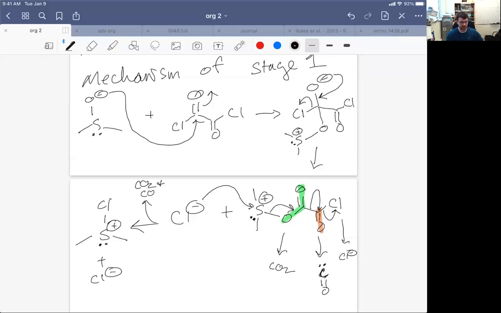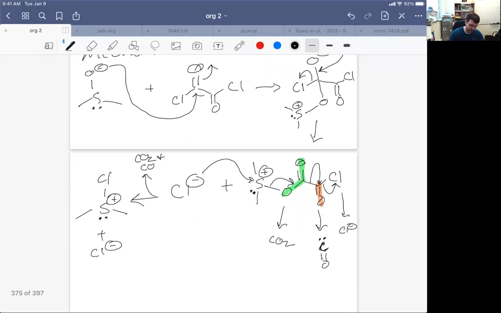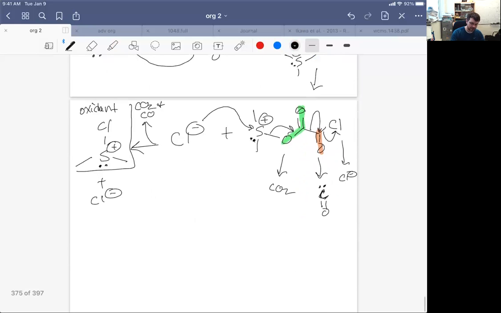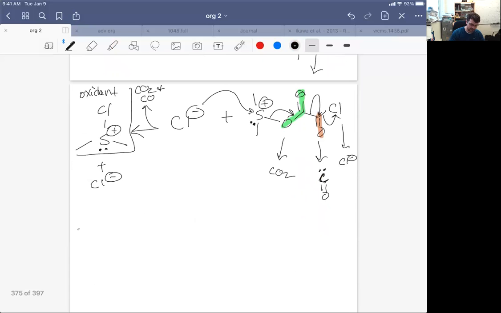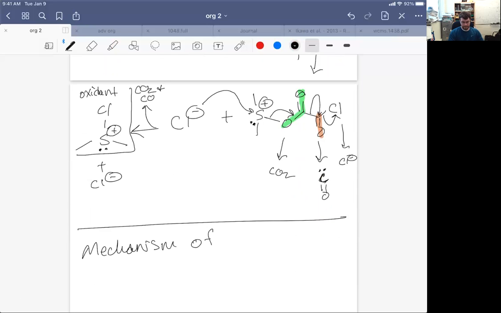Okay, now once we have that, we can move on to stage 2 because we have our oxidant in hand now. So the oxidant is in hand, and we can move on to the mechanism of stage 2. Okay, so for stage 2, what we do is we allow our oxygen and its lone pairs to be drawn into the sulfur atom with a positive charge.